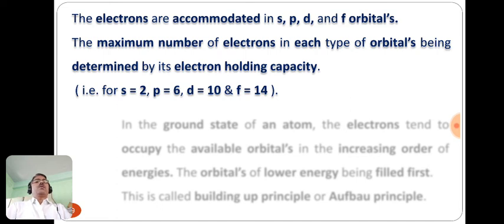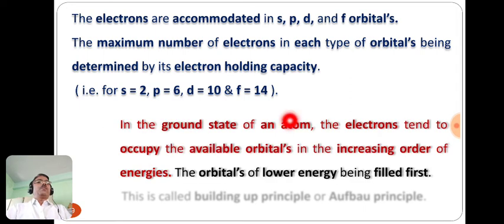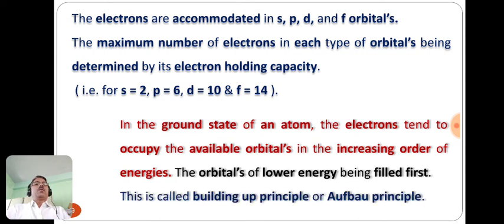In the ground state of an atom, the electrons tend to occupy the available orbitals in the increasing order of energies, the orbitals of lower energy being filled first, and this is nothing but the building up principle, or Aufbau principle.